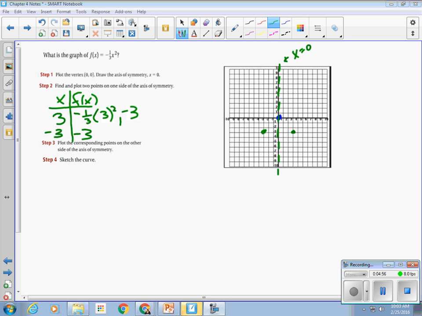So we plot that point and then sketch our curve. And this guy is a little fatter than our parent function because of the 1/3. He is facing down because he has the negative, so we know he is reflected across the x-axis. And that's how we sketch a parabola.